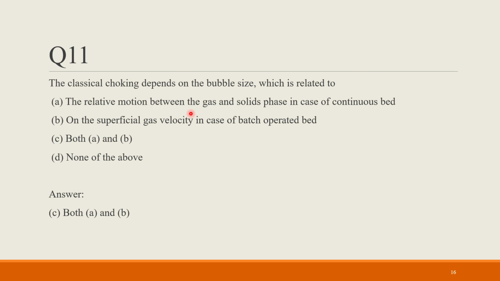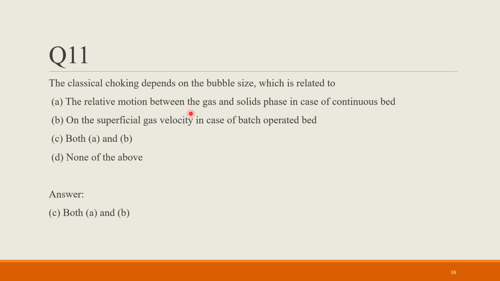It depends on bubble size, which is related to relative motion between gas and solid phase in case of continuous bed, or on superficial gas velocity in case of batch operated bed.